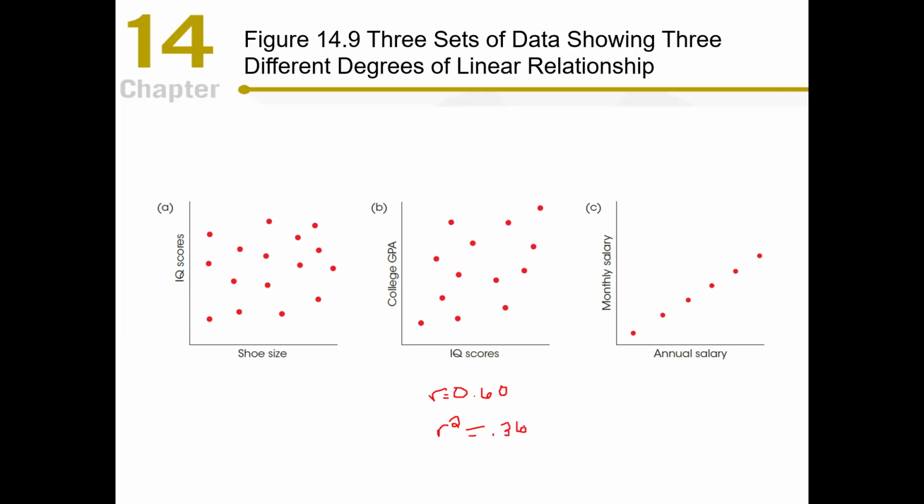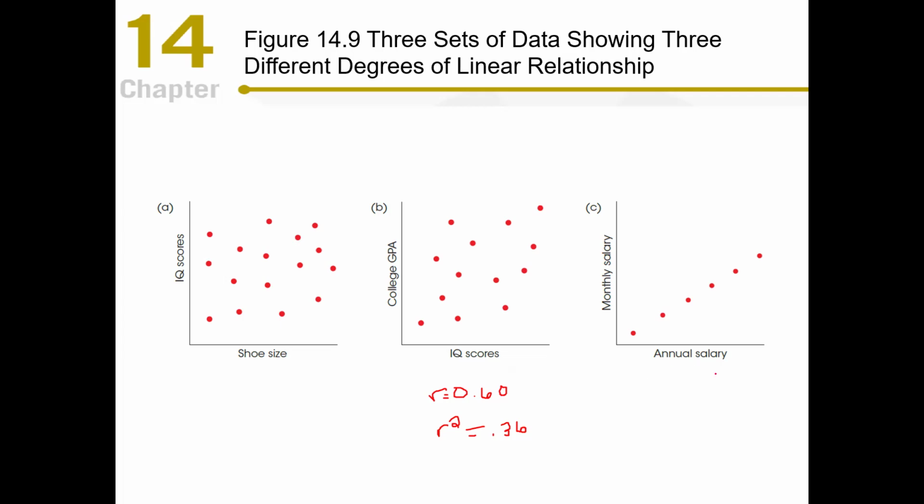And so 0.36 is my variability. And if 0.36 is my variability, that means 36% of my variance in GPA can be explained by IQ, right? That's pretty good as a percentage, but that means there are other things that can explain college GPA, like your high school GPA or your work ethic or your self-esteem or whatever that is. 36% is explained by IQ scores, but we know there are other things that can explain it.